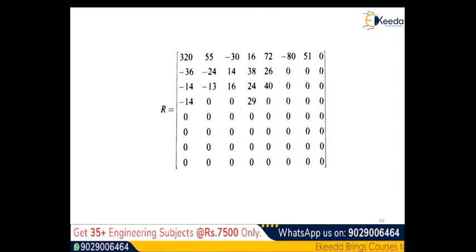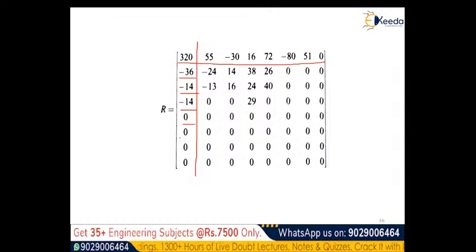The first row first column element has the value 320. The second element in the first row holds the value 55. Then -30, we have 16, 72, -80, 51 and 0 to follow these values. In the first column after 320 we have -36, -14, -14, then we have 4 zeros.